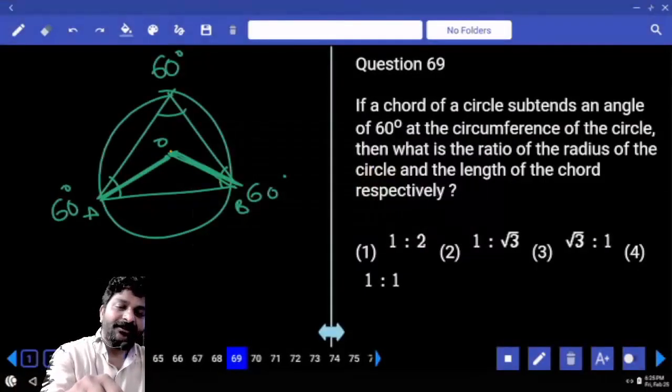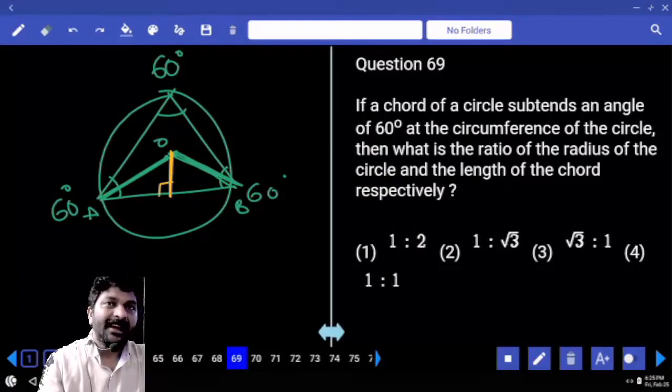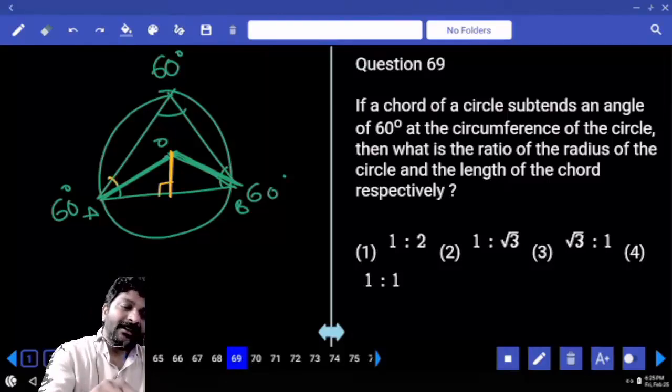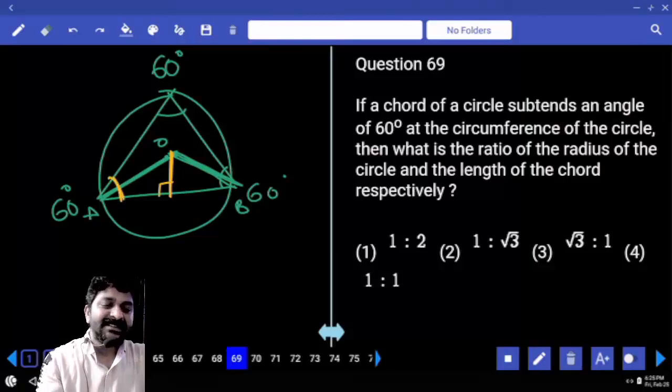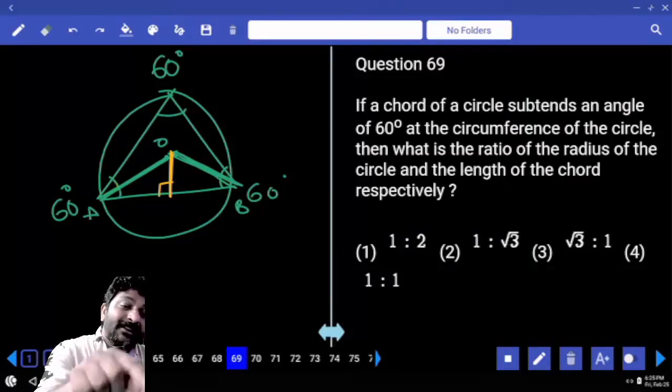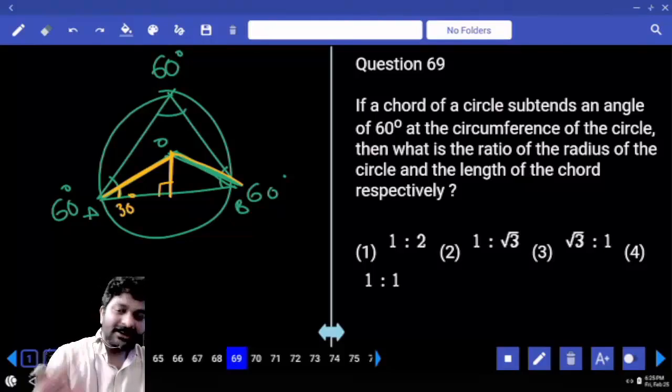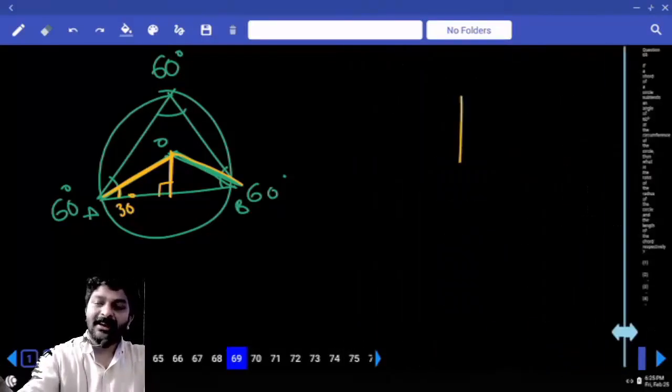So from the center, if you draw a line here which touches the chord, making an angle of 90 degrees, and the total angle at the chord meeting at the circumference is 60, then for the triangle AOB, angle at A must be equal to 30 degrees only. I just need only that particular triangle.